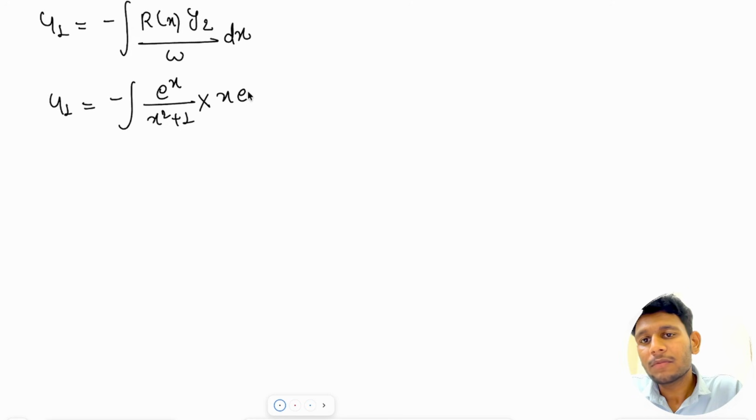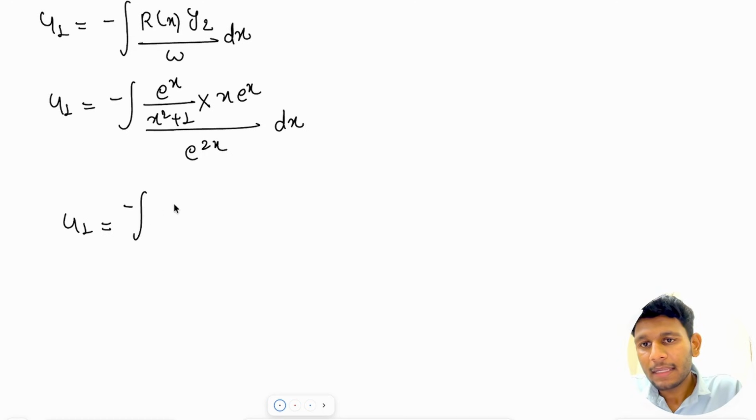So x e to the power x divided by, what is your Wronskian? That is e to the power 2x, and this is dx. So your u1 will be simply minus e to the power 2x into x divided by x square plus 1 into e to the power 2x dx. This will get cancelled.